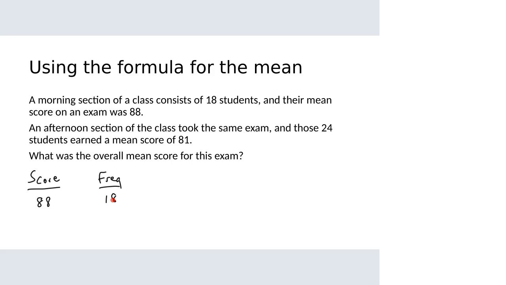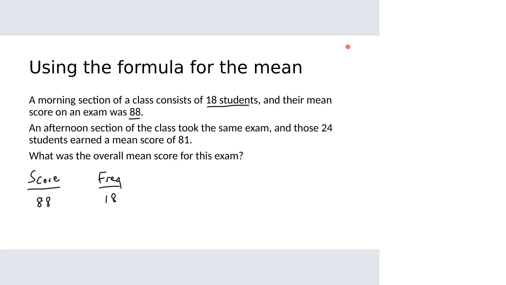Now, you might be thinking, well, wait a minute, we don't know if anybody earned an 88. And that's true, we don't. What we do know, though, is that if 18 students took the exam and the mean was 88, if we added up all their scores, it's going to be 18 times 88. And that's exactly what we're going to do here when we go to find the mean overall.